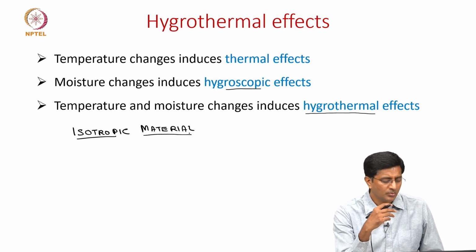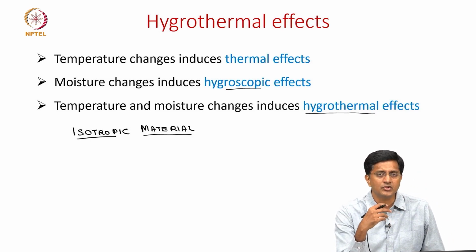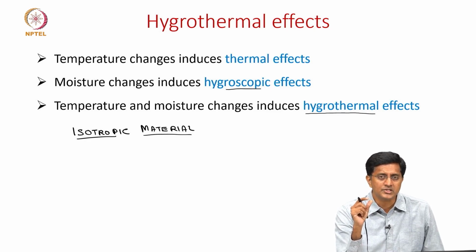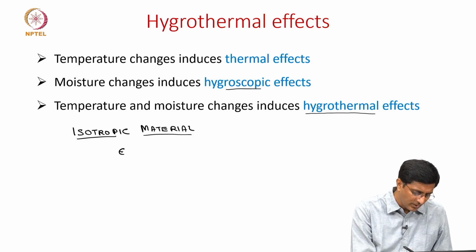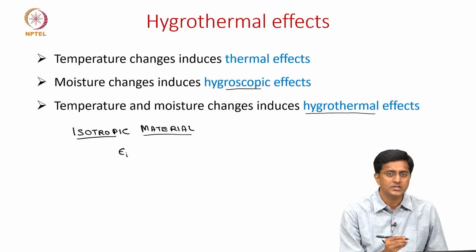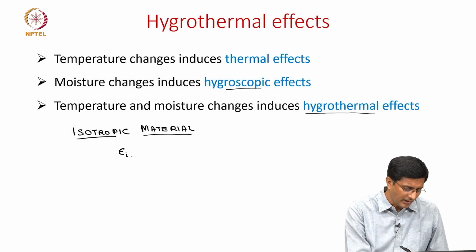So in isothermal materials, we are familiar with this concept of CTE, meaning coefficient of thermal expansion. What does it mean? For unit change in temperature, what is the unit change in the strain in the material? So how do we represent it? Let's say epsilon i is the change in the strain in the ith direction.